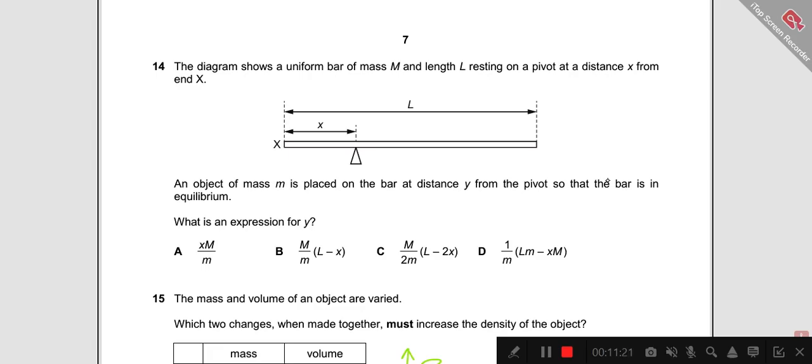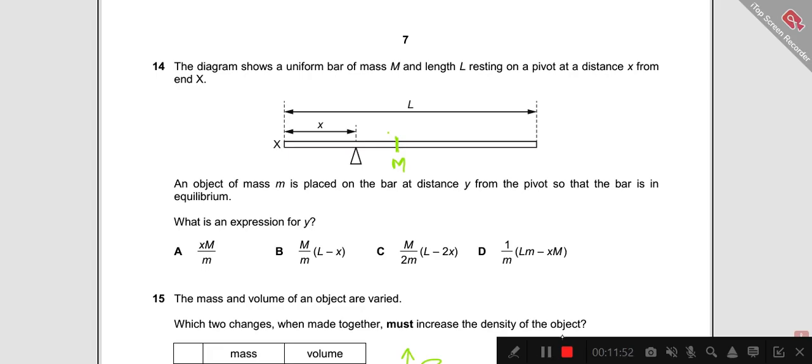Now, this object itself is uniform, and uniform objects always have their weight acting as a force at the center. So it is as if there is a weight at the center, whose value is capital M. If there is a weight here and after that this object appears to be in equilibrium, this would only be possible if there is an object on the other side.